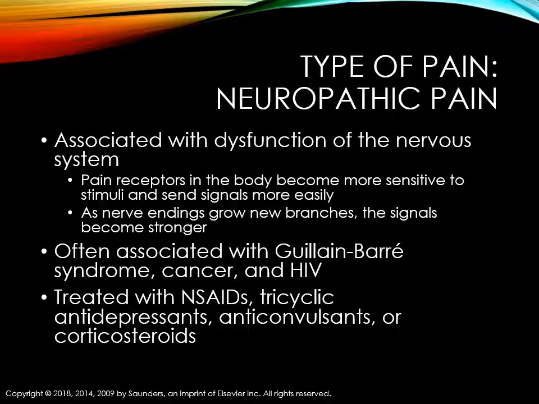Neuropathic pain is usually associated with a dysfunction of the nervous system, specifically an abnormality in processing sensation. Pain receptors in the body become sensitive to stimuli and then send pain signals more easily. Nerve endings grow additional branches that send stronger pain signals to the brain.